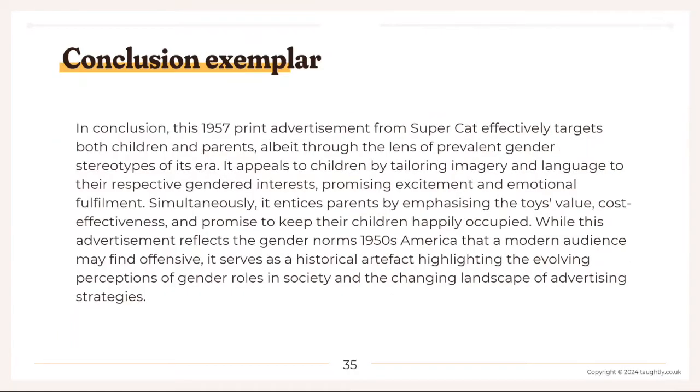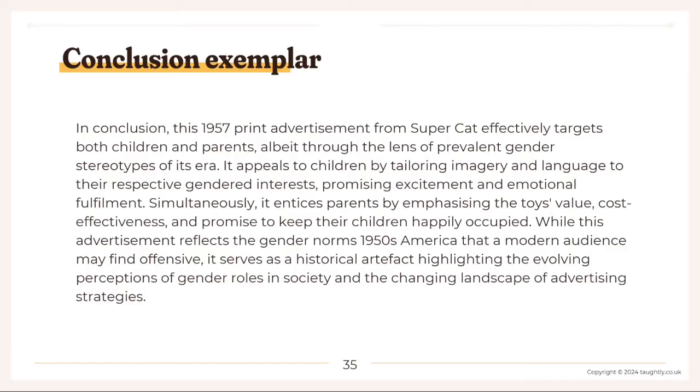And here is an exemplar. In conclusion, this 1957 print advertisement from Supercat effectively targets both children and parents, albeit through the lens of prevalent gender stereotypes of its era. It appeals to children by tailoring imagery and language to their respective gendered interests, promising excitement and emotional fulfillment.